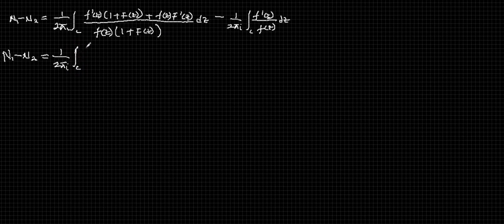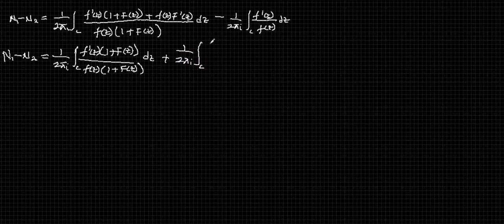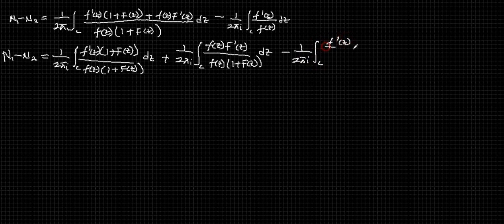The first one is f prime of z into 1 plus capital F of z divided by f of z into 1 plus capital F of z dz, plus 1 over 2 pi i integral of the contour of this second part, f of z capital F prime of z divided by f of z into 1 plus capital F of z dz, minus 1 over 2 pi i integral of the contour f prime of z divided by f of z dz.